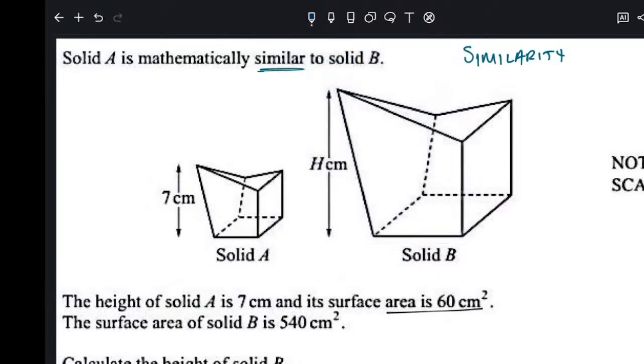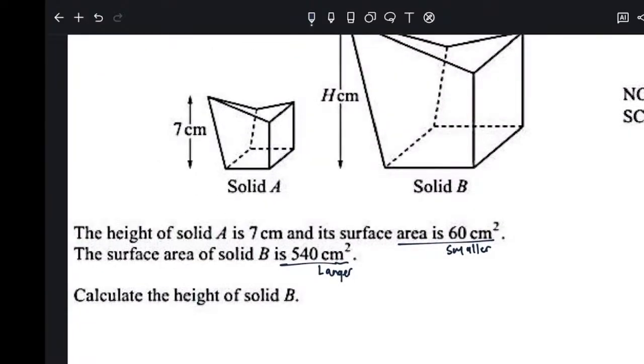Surface area of B. So I've been given areas. This is the smaller one. Here they are calling it A and B. Smaller, this is larger. We can still call it A and B. Okay, so we have areas.